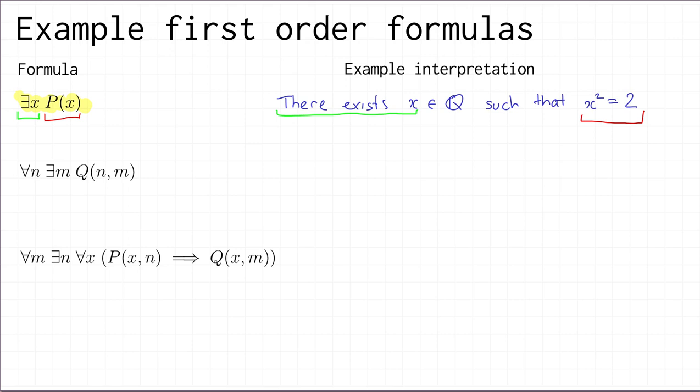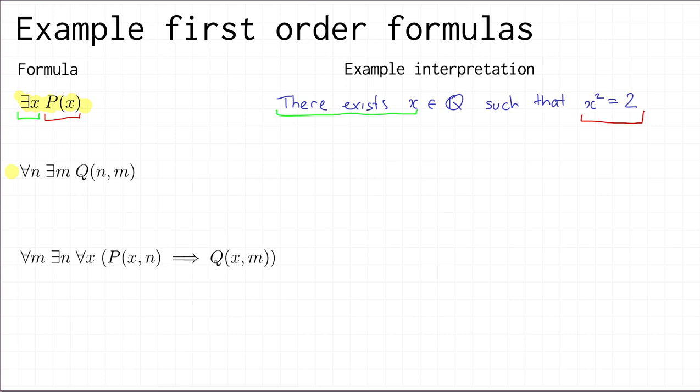So let's move on to the next example of a first-order formula here. This one should be read as, for all n, there exists m such that Q of n, m. Here, the upside-down A and the backwards E are quantifiers, and Q is a two-variable relation symbol.